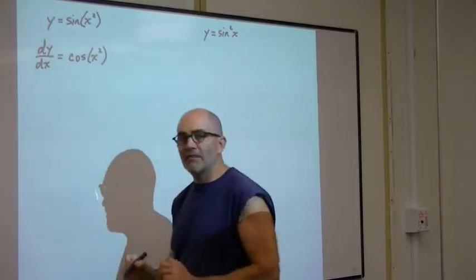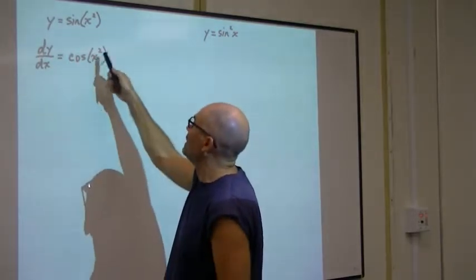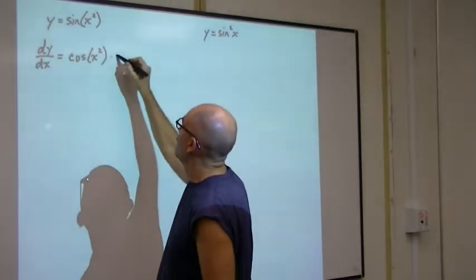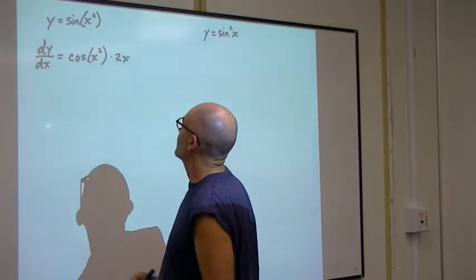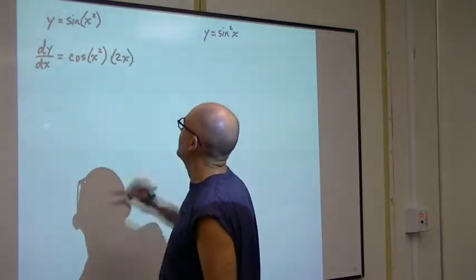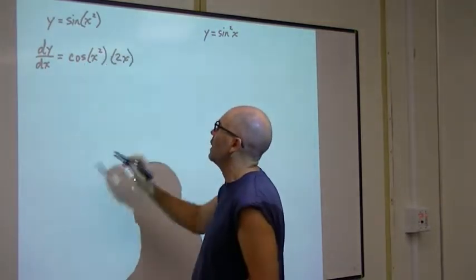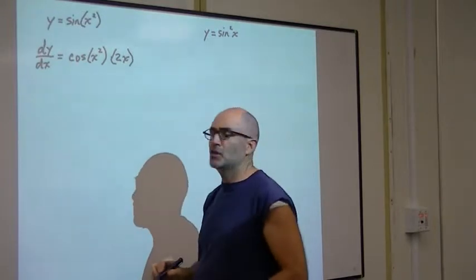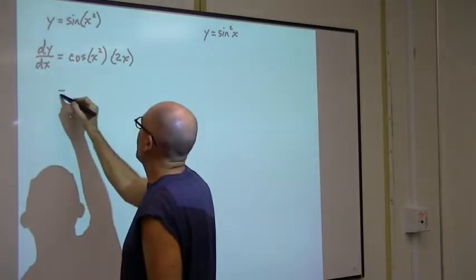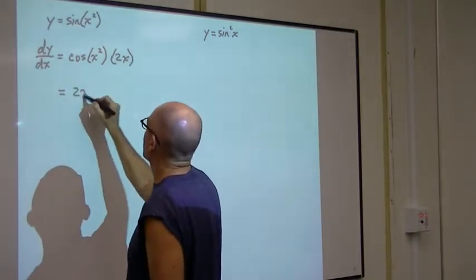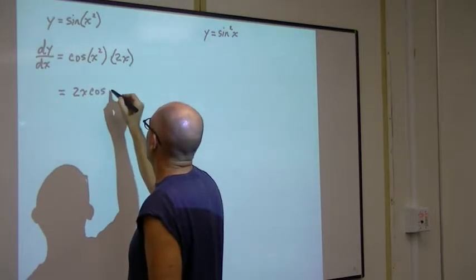But now we have to take the derivative of the inside, which is 2x. And we'll put the 2x in parentheses because it's only cosine of x squared. Then we multiply by 2x. So we say our final answer is 2x cosine of x squared.